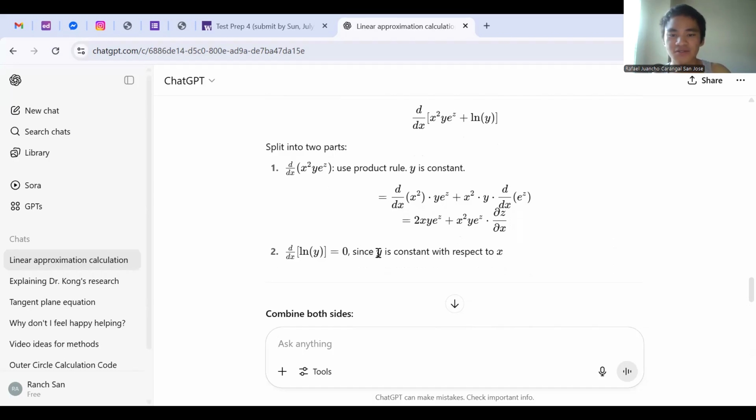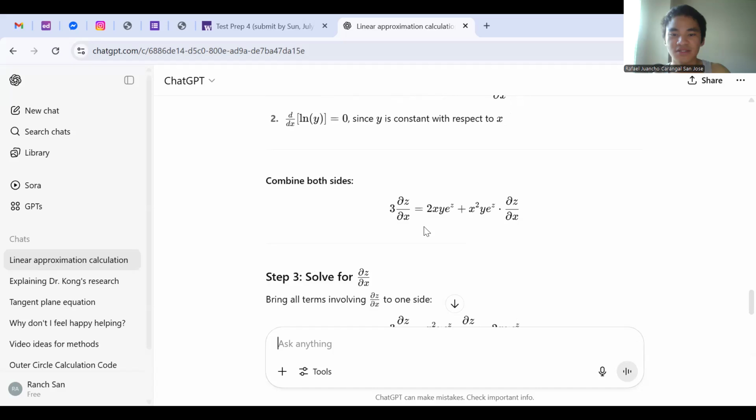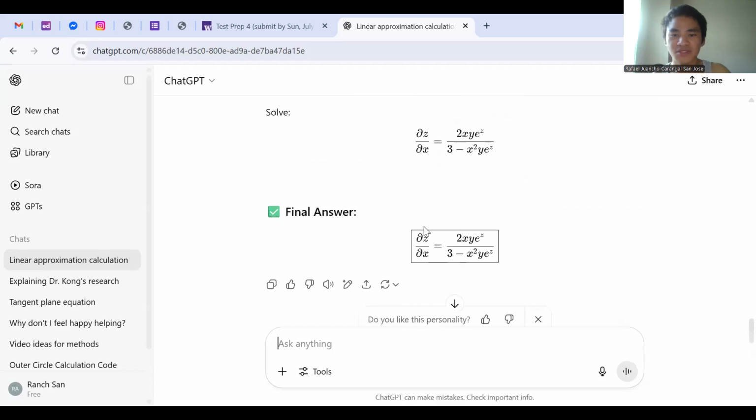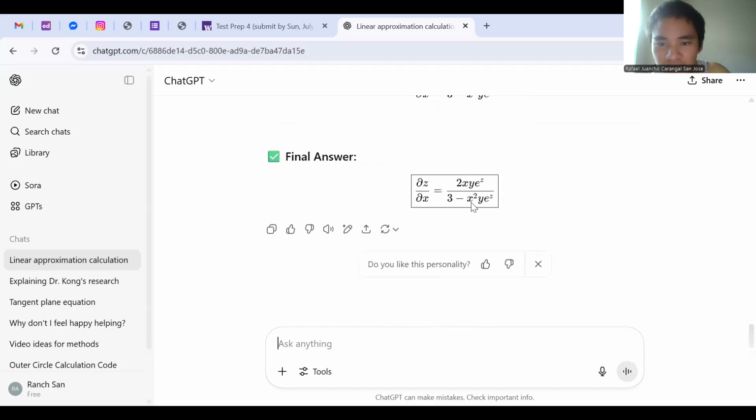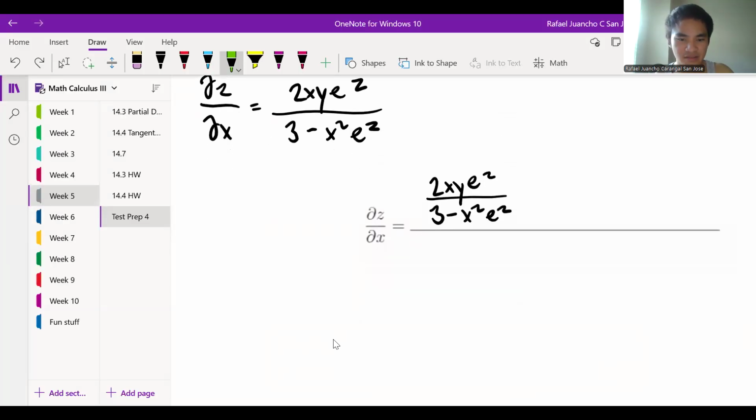And ln y is 0 because y is constant with respect to x. And so if we combine both sides, we got this: 2xy e to the z over 3 minus x squared y e to the z, which I think we did get. Let me double check. Yeah, we did get it.